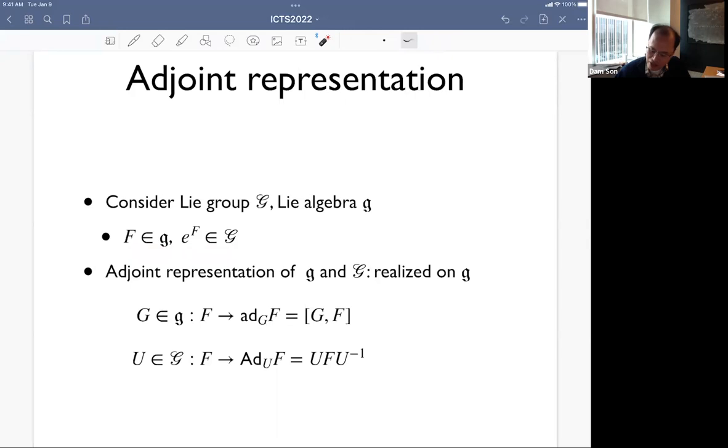We also know that the Lie algebra supplies an adjoint representation, which basically maps any element of the Lie algebra to the operator of taking a commutator, and exponentiating it, we get an adjoint representation of the group. So for a unitary group, the adjoint representation looks something like this: F goes to U F U minus 1.